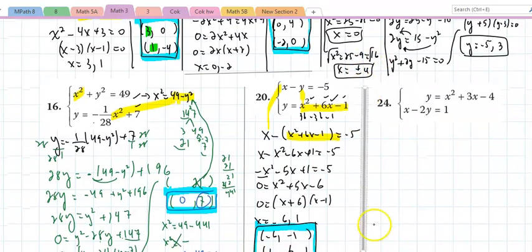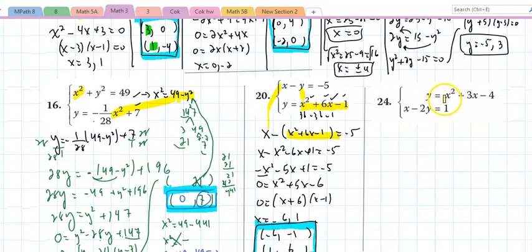So the same deal here. This is already set up. Just throw that in there. That reads x minus 2, and in place of y, I'm going to have x squared plus 3x minus 4 equal to 1, and that's what I substituted.